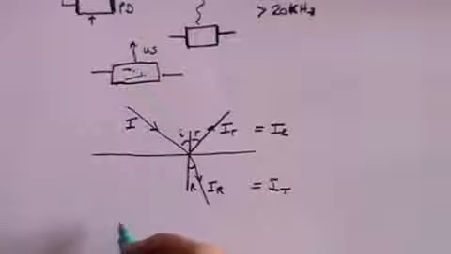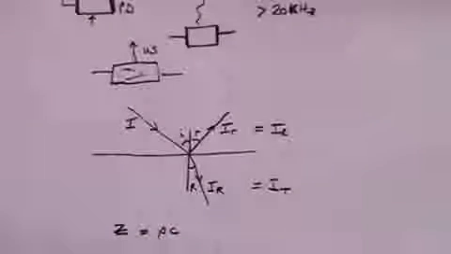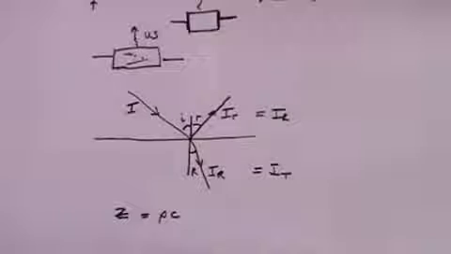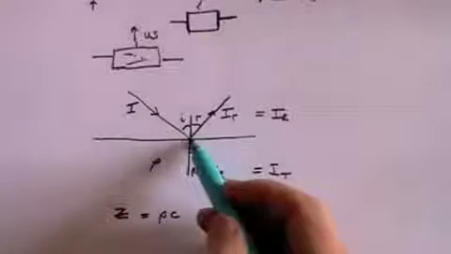Now there's a concept called acoustic impedance, which we give the letter Z, which is rho times c. Rho is the density of the medium, and c is the speed of sound through that medium.